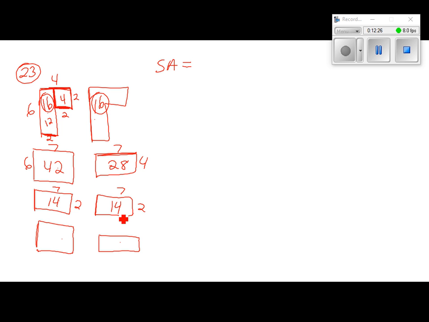And then the bigger front face would be 4, going up and down, and then across to 7, so that's 28. And then the very bottom of the L, the part that looks like it's sitting on the ground, is 2 by 7, that's another 14.